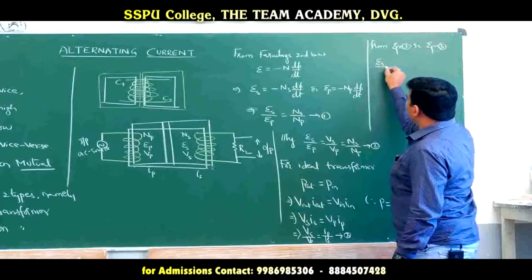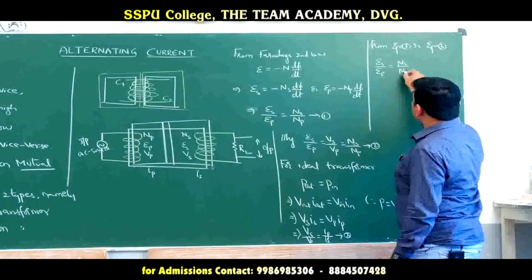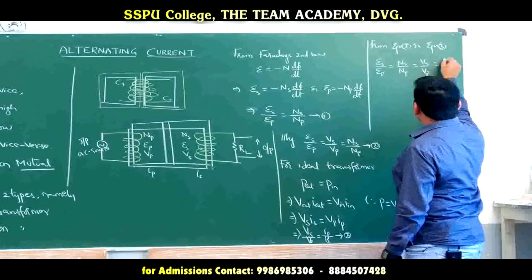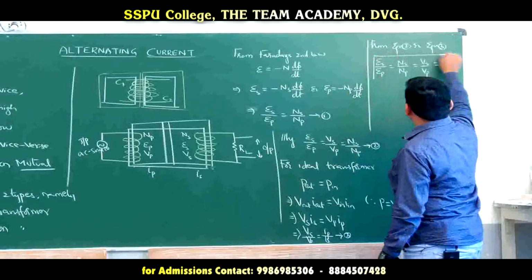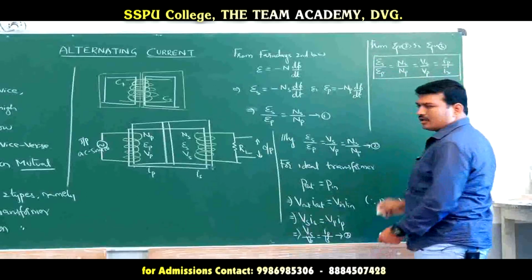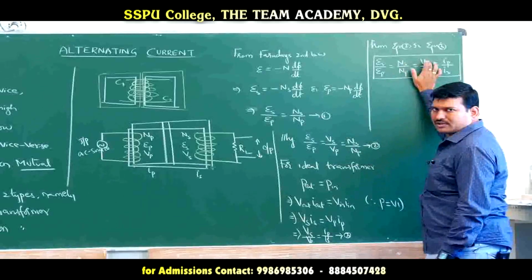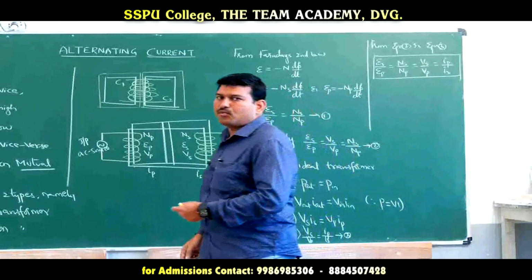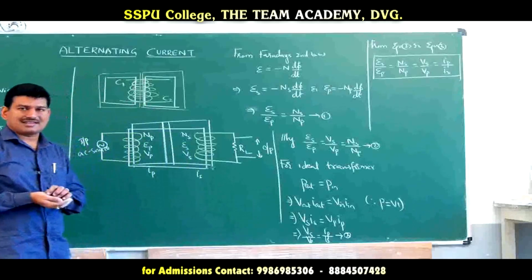Es by Ep is equal to Ns by Np is equal to Vs by Vp is equal to Ip by Is. So from this, what can I understand? More the number of turns, more the voltage. So if I want high voltage, the number of turns must be more. If I want low voltage, the number of turns must be less.